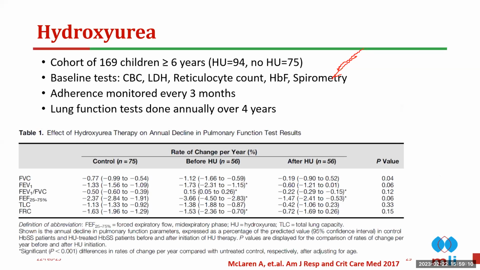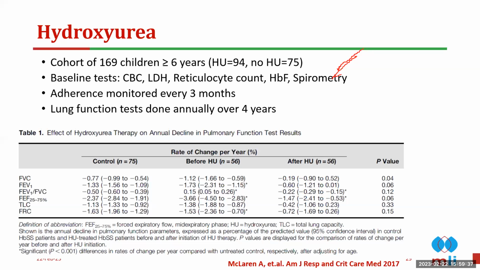So there has been a study, this is not in Africa, where they had a cohort of 160 children who were more than 6 years. They all had sickle cell disease, and 25 did not receive hydroxyurea.